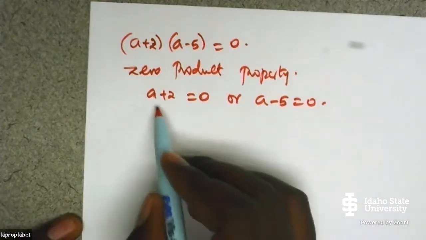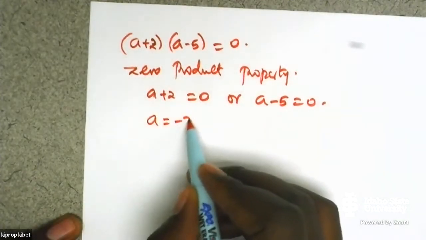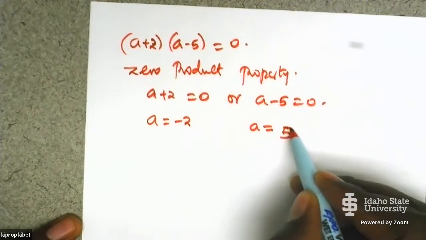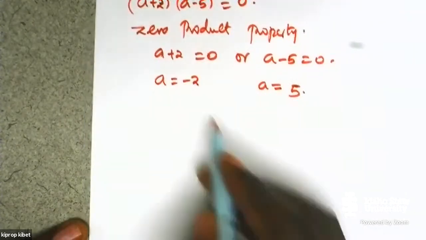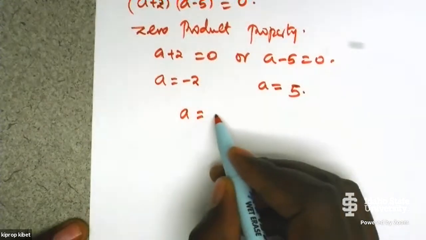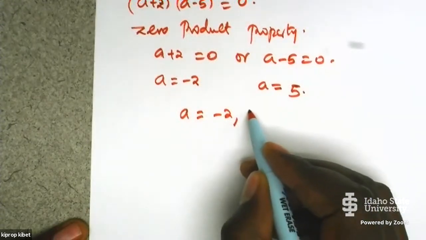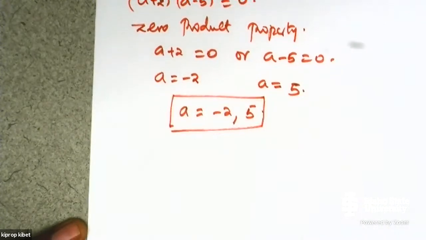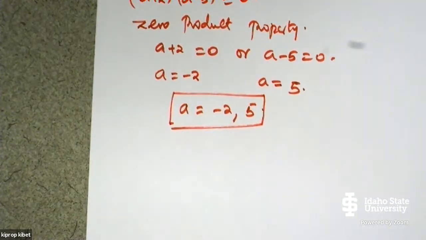Therefore, our A here equals -2, and our A here equals 5. So therefore, our A equals -2 or 5. Can you determine that?